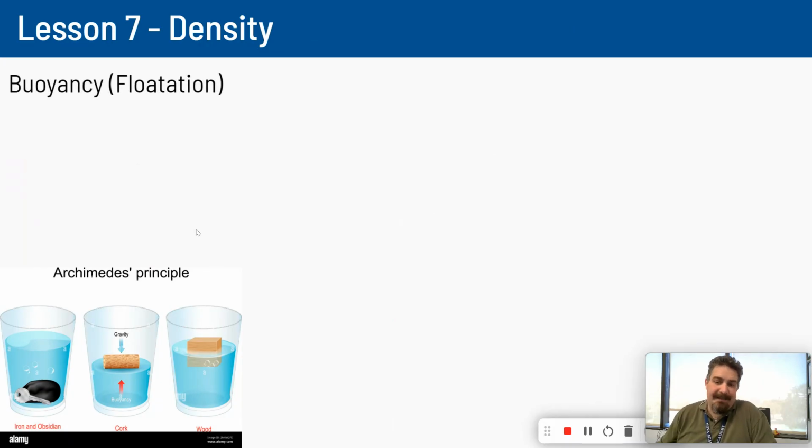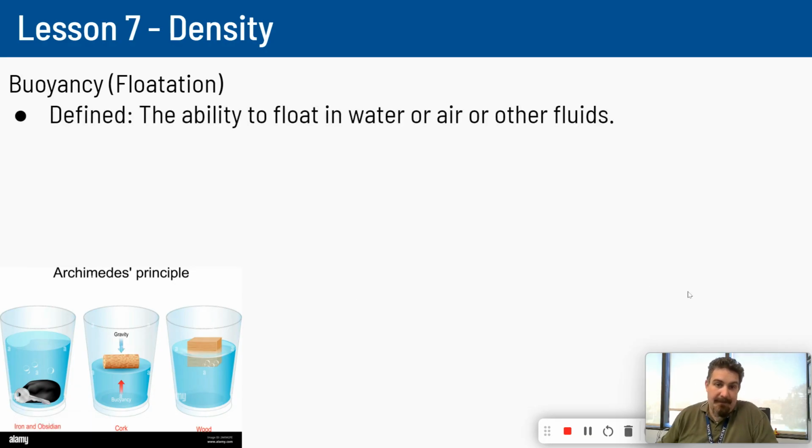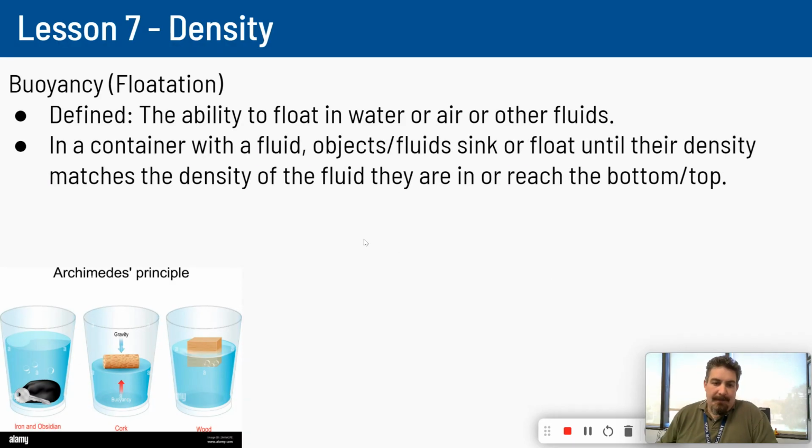So, the last thing we're going to talk about today is the buoyancy or flotation of objects, which is from Archimedes' principle. Okay, so that's the ability to float in water or air or other fluids. Things that float have buoyancy relative to whatever fluid they are in. So in a container, like we see here, there's iron, obsidian, rocks, metal.